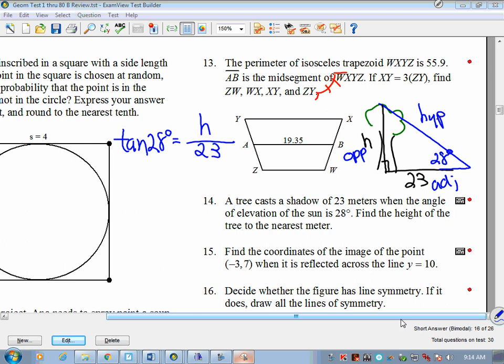Now I want to solve for h. What do I do? Erica, what do you think? Multiply by 23 on both sides. All right, so what we should get is 23 tangent 28 is going to be equal to my height.